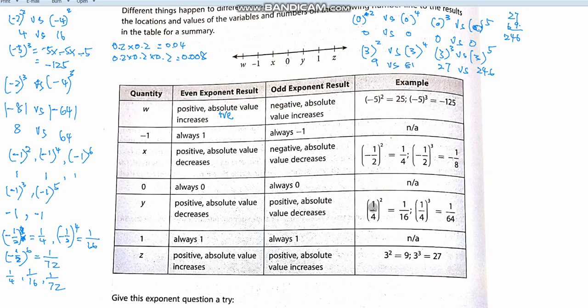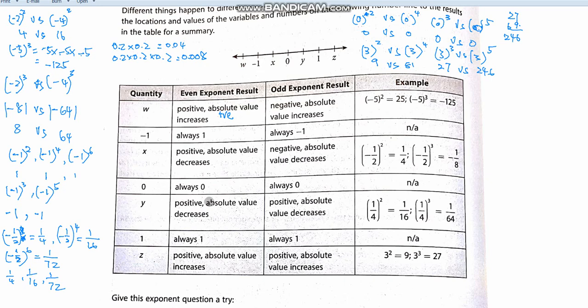Like 1 over 4, if you increase the power, it becomes smaller and smaller. Similarly, when your base is from 0 to minus 1, in between, not including 0 and minus 1, if you increase the power or the exponential, you will notice that the value becomes smaller.